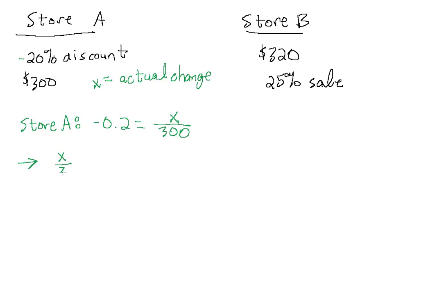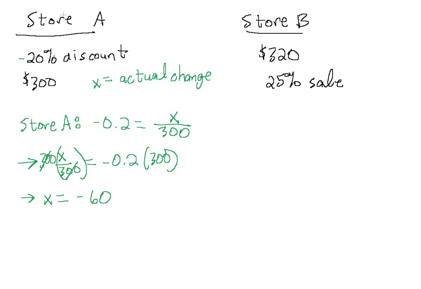So x over 300 equals minus 0.2, and we're going to solve for x. So let's multiply both sides by 300. These two 300s cancel, leaving just x on the left side, and minus 0.2 times 300 is a minus 60.